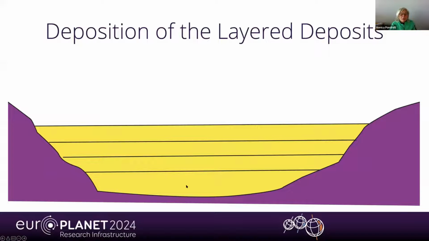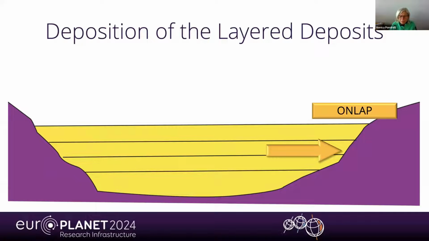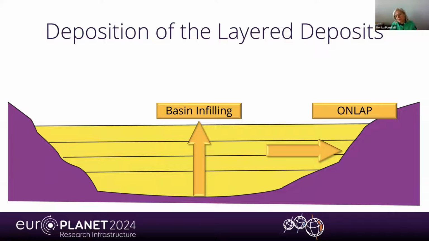I apologize, the sketch is awful, but these are the knobs or the mesas, it is the same. These are the layer deposits which overlap. So the layers are going against the mesas in this way. This implies that we are infilling the bases. Actually, not opposite. The layer deposits are infilling the bases.